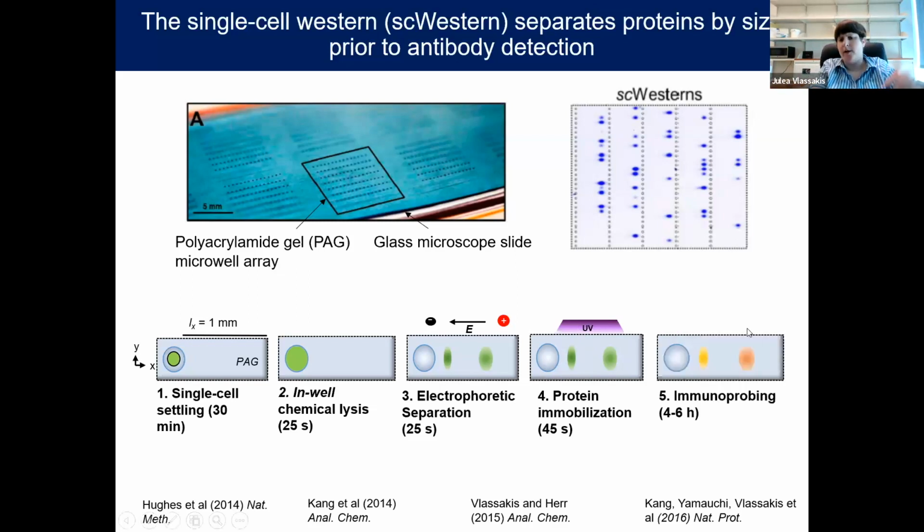And so then we're going to do in-gel immunoprobing, essentially diffusing antibodies into our separation gel to measure the relative amounts of each species. And so at the end of one of these assays, you get a readout of something like this. So you have these microwells here. The protein migration was from left to right here. You can see some microwells were empty, so there's no protein signal in the area adjacent to the microwell.